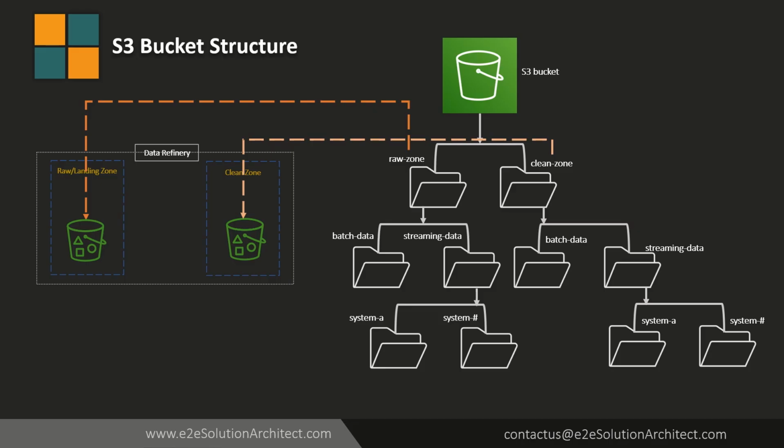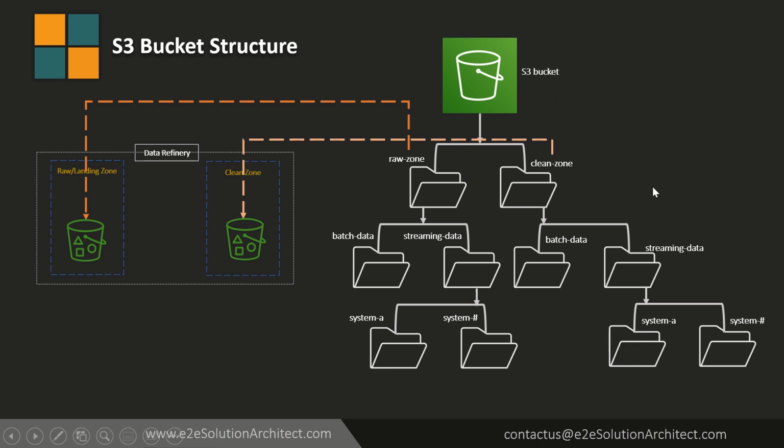Now it is the practical part of the session, where I will be showing you every step one after another. At the first step, let me explain the S3 bucket structure. First of all, it depends on the requirement of your organization or your business case how your S3 bucket structure will be. But in general, for a data lake, you will have an S3 bucket, and inside that you will have multiple directories.